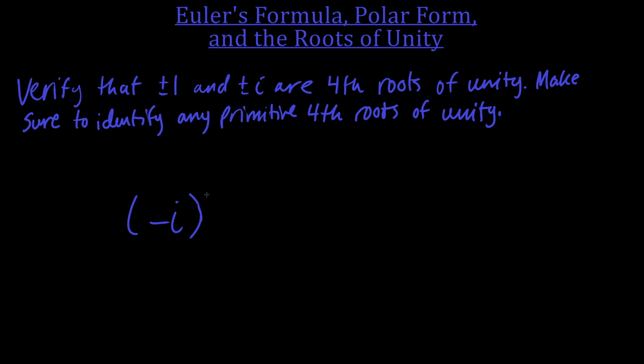Now, what happens if we have negative I squared? Well, that's simply equal to negative 1, which is not 1, so now we need to check the exponent 1. So what is negative I to the first power? Well, that's negative I. And negative I is not 1, so since we checked all smaller positive integer values than 4, and none of them got the result 1, well, negative I is a primitive fourth root of unity.